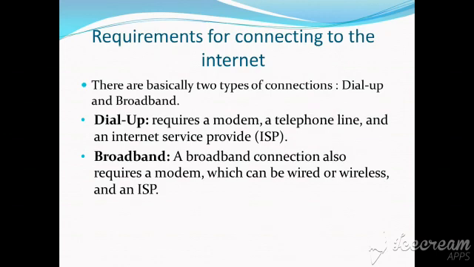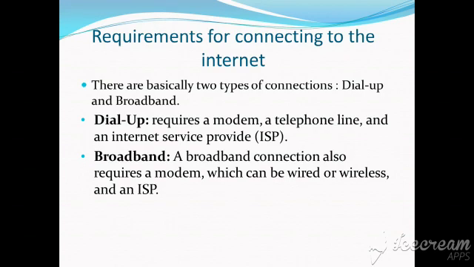Okay, what are the requirements for connecting to the internet? So for the connection, we are having 2 basic types of connections. The one is dial-up and the other one is broadband. Right now we are using broadband connection, because dial-up connection is not the advanced one, it's not a speedy one, so that's why we have moved to broadband.